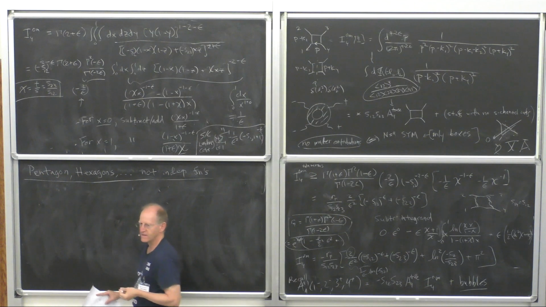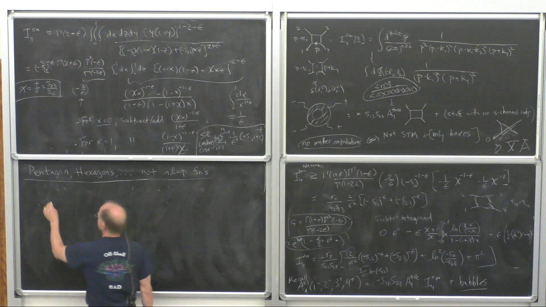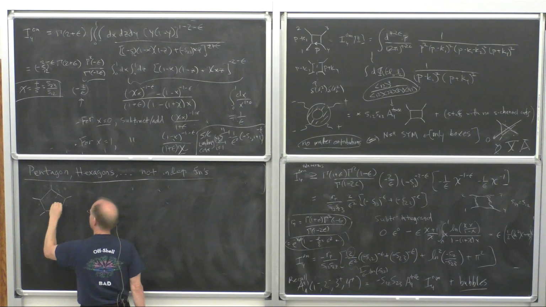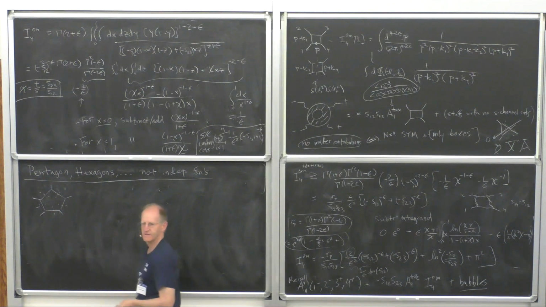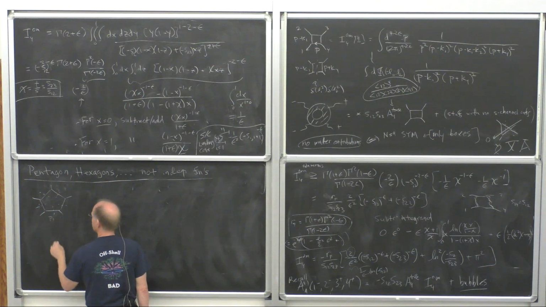And it's based on sort of cutting lines. So we're going to write a pentagon, for example, and then we're going to imagine cutting these lines here. So here's P1.